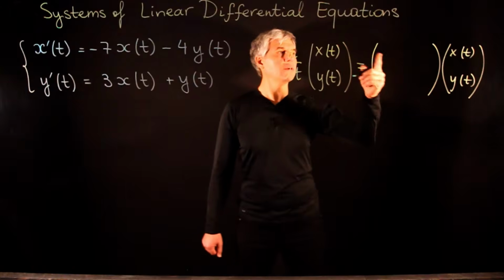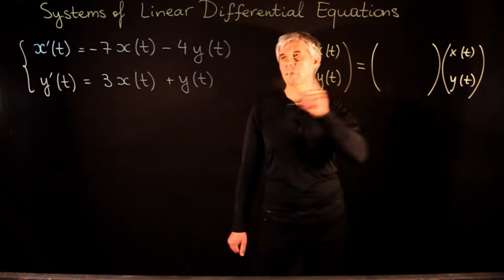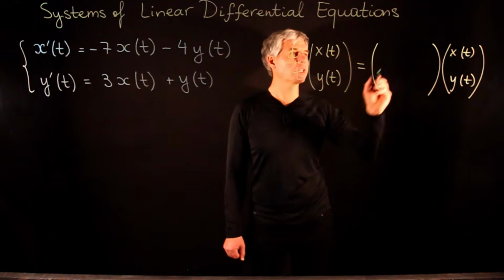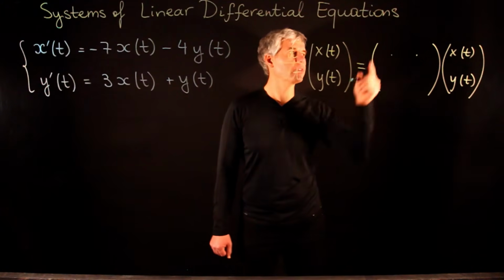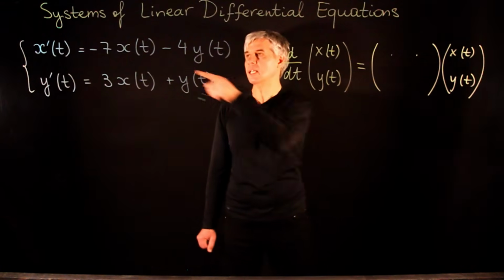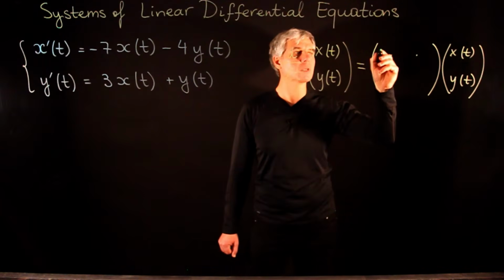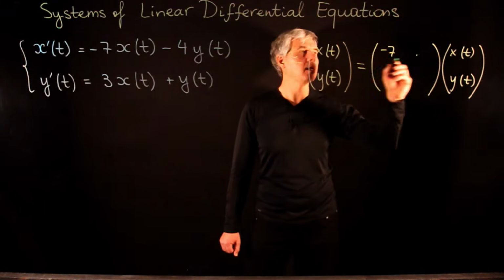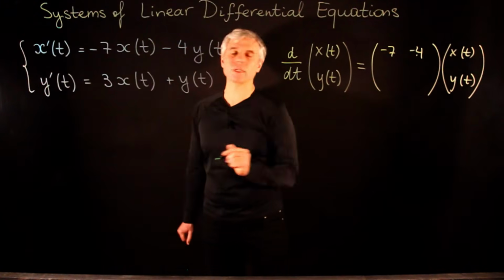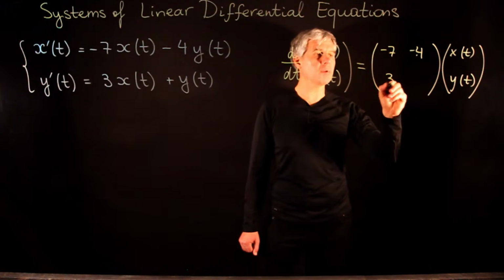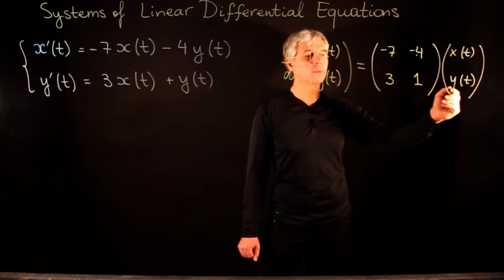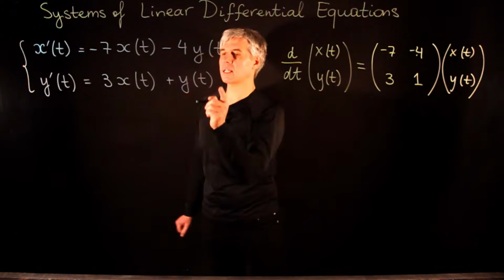So we see that the right-hand side of the first equation must be the dot product of the first row of this matrix with the column vector x of t and y of t. And so the first row of this matrix must be minus 7 and minus 4. Likewise, the second row of this matrix should be 3, 1. Then the dot product of the second row with the column xy will give us the right-hand side of this equation.